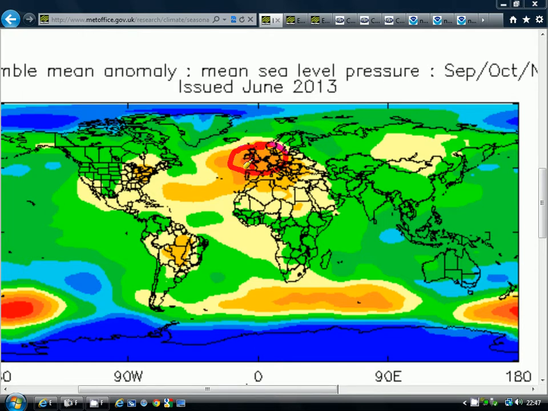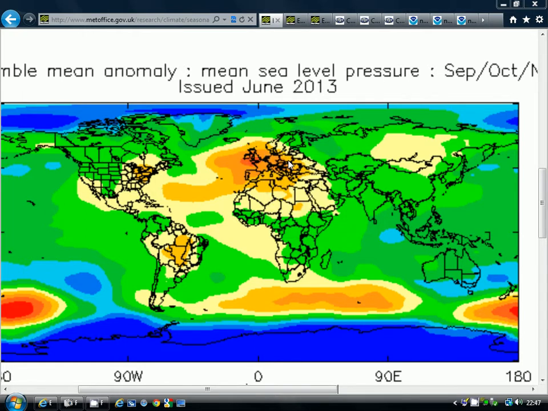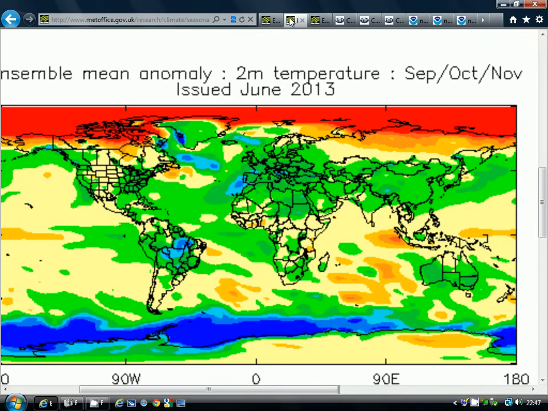So that would imply a lot of settled weather through the course of the autumn, possibly quite cold underneath that high pressure, especially once we get later on into the autumn. But yeah, that's a pretty strong signal there from the UK Met Office model that we'll be seeing above average pressure, certainly through the course of the autumn.